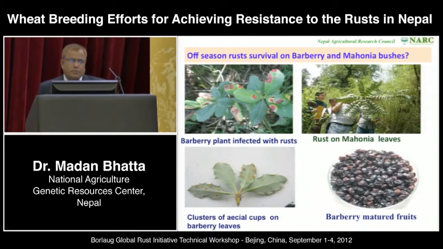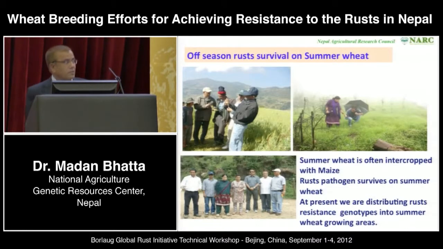Well, this slide shows how off-season rust survives on barberry and mahonia. We have yet to confirm whether on this mahonia and barberry it is stripe rust or stem rust. This slide shows how the off-season rust survives on summer wheat.